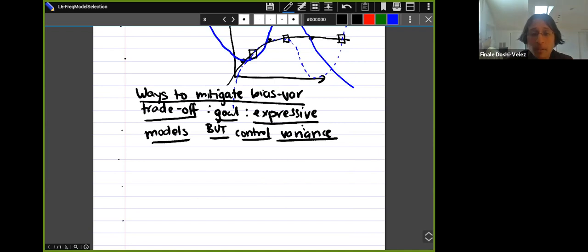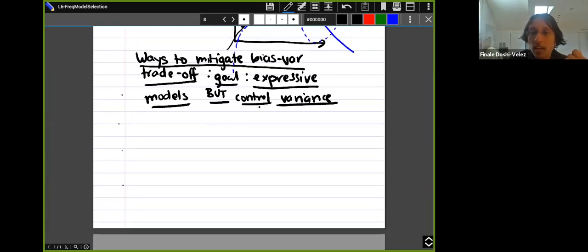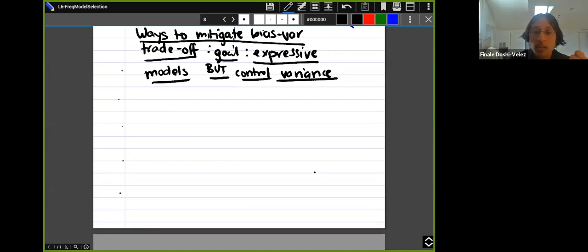There's nothing we can do about that. However, if we have expressive models, the variance is really high, it's very sensitive to the data. Now we have a knob that we're going to be able to tune a bit and try to say, how can we have those expressive models, but make sure that the variance is not too high? So that's the intuition. I'm going to mention two different things, but the intuition is very similar: we want to have expressive models that control variance.